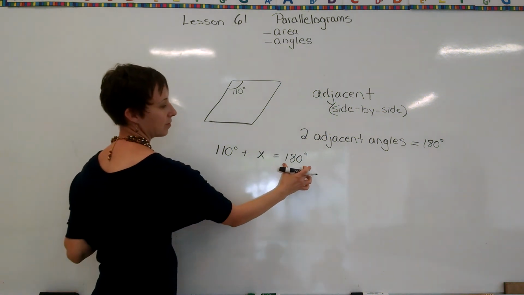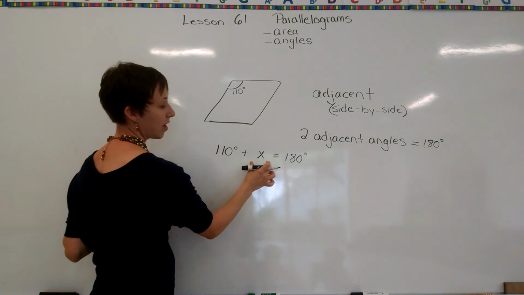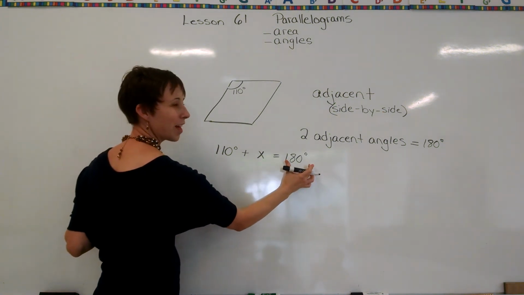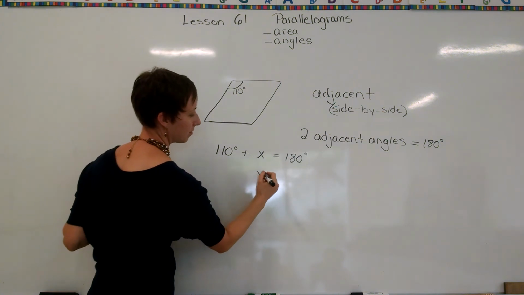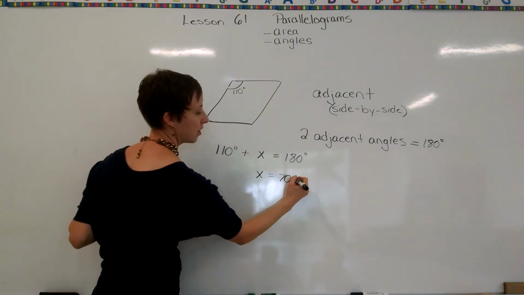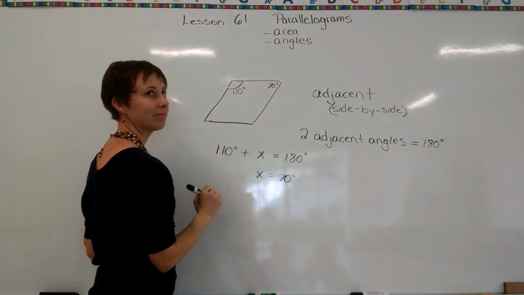So let's subtract. 180 minus 110 leaves what? You should be able to do that in your head. 180 minus 110 leaves you with 70 degrees. That means that this angle is 70 degrees.